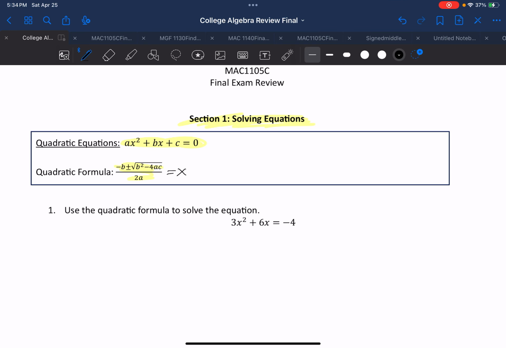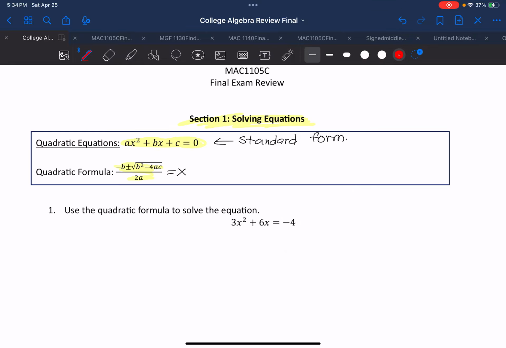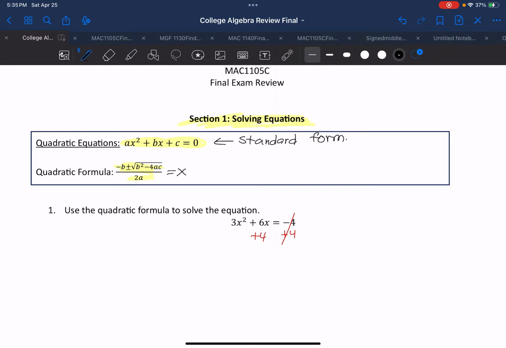So before we use the quadratic formula, it has to be in standard form, which means it has to be equal to 0. So the first thing I would do is get this quadratic equation in standard form by adding 4 to both sides, so it'll cancel on the right. That will leave me with 3x squared plus 6x plus 4 equals 0.